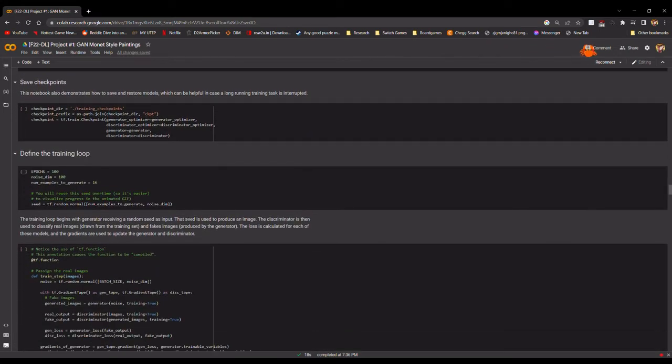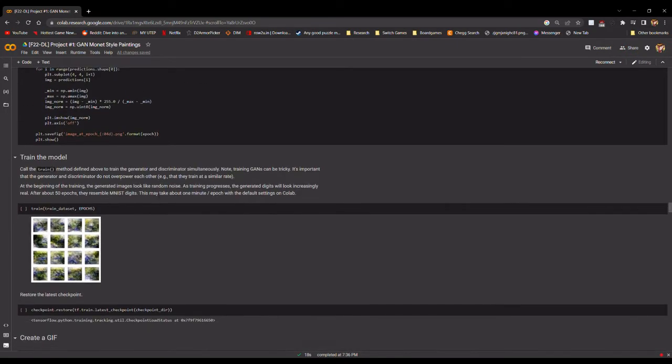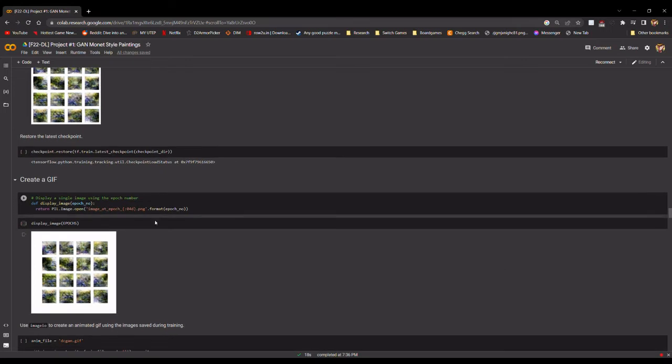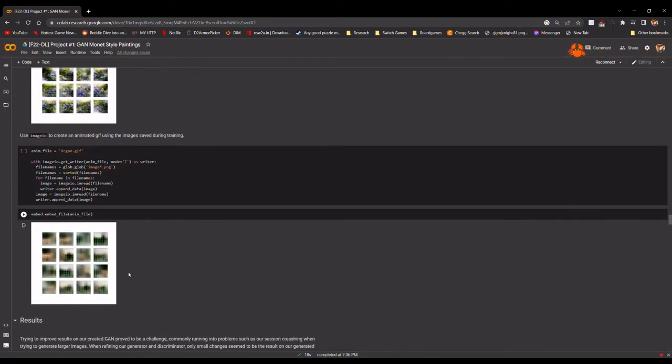So instead of generating numbers, we try to generate Monet style paintings. And by tweaking the code, we were able to generate some successful images, but they are still not that good to our liking. We had to use 32 by 32 images, so we scaled down the Monet style paintings, since if we try to use the 256 by 256 complete images, it will normally crash our session.